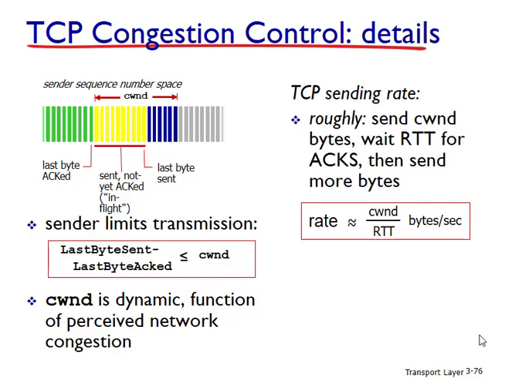Slow start and congestion avoidance are mandatory components of TCP, differing in how they increase the size of cwnd in response to received acknowledgments. We'll see shortly that slow start increases the size of cwnd more rapidly than congestion avoidance. Fast recovery is recommended but not required for TCP senders.